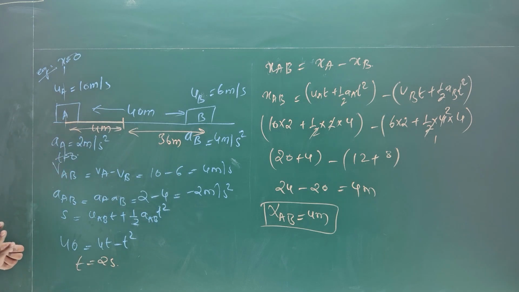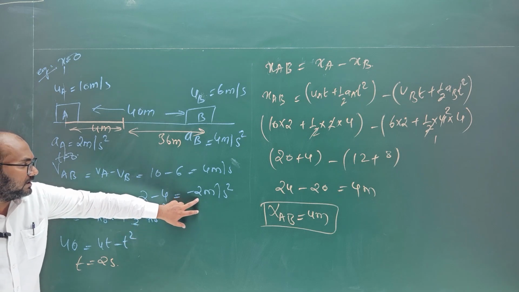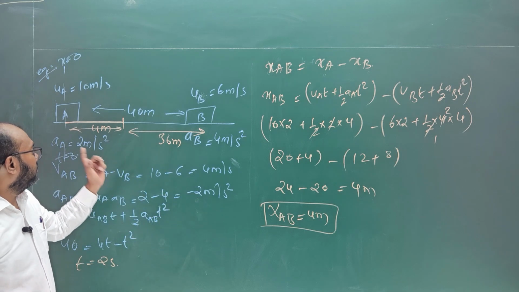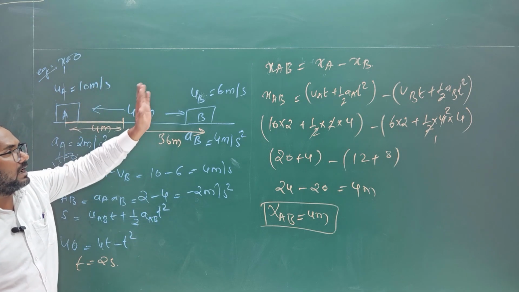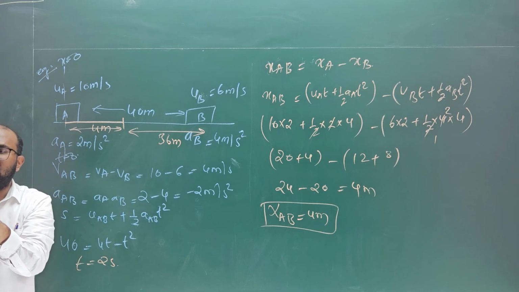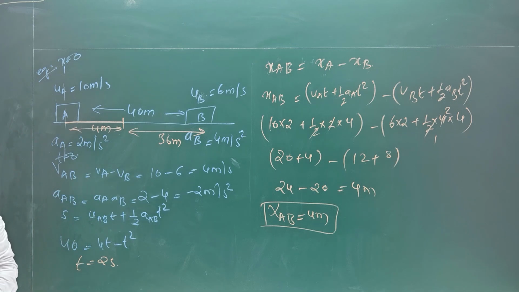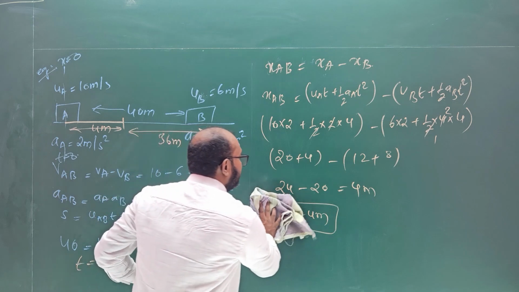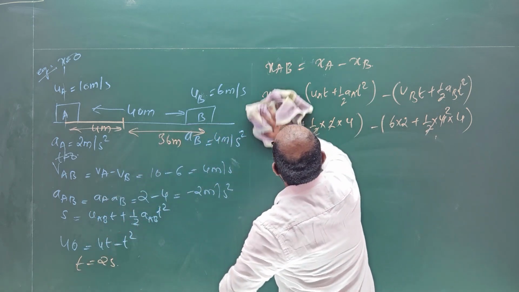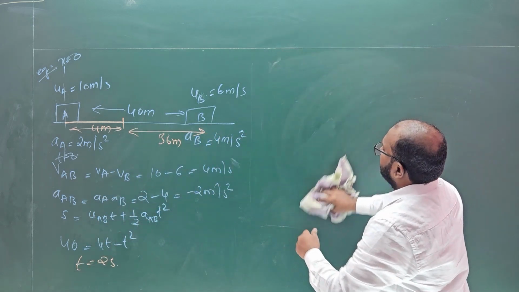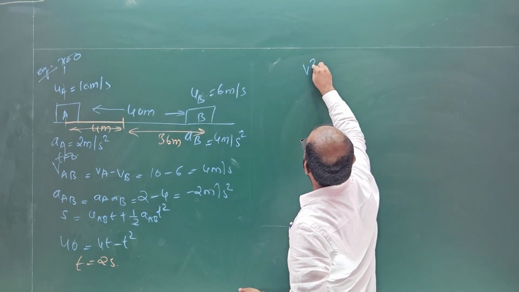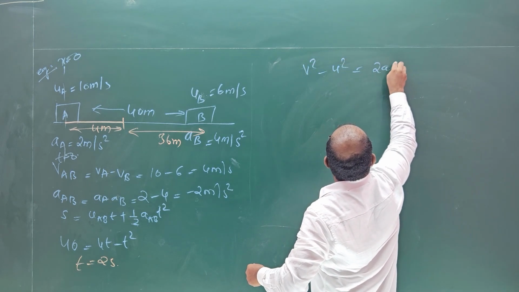No need to do this lengthy method. Whenever you find acceleration negative and both the bodies are accelerating, and at least one of them has some initial velocity, then the same can be written using what? V square minus u square is equal to 2as.